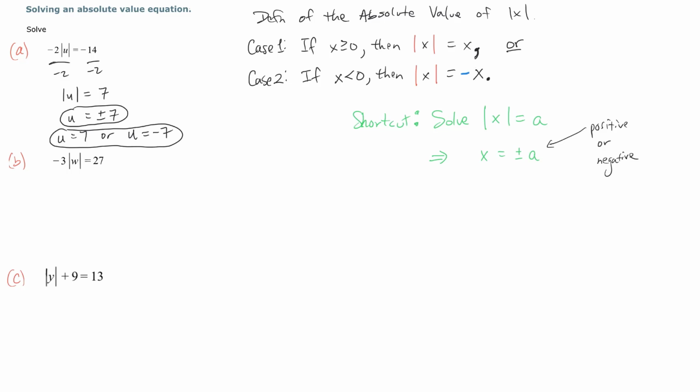Example B. What if you divide the entire sides by -3? Could you have the absolute value of w is equal to -9? Well, this is not possible. There's no solution here.